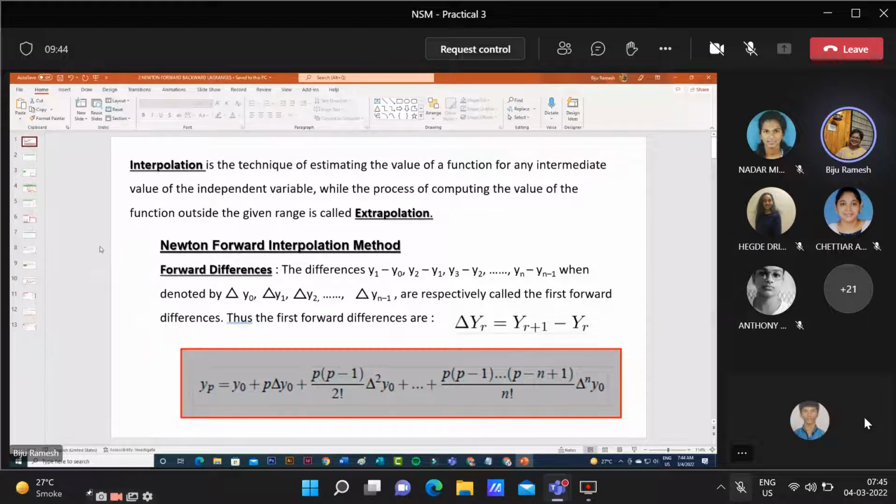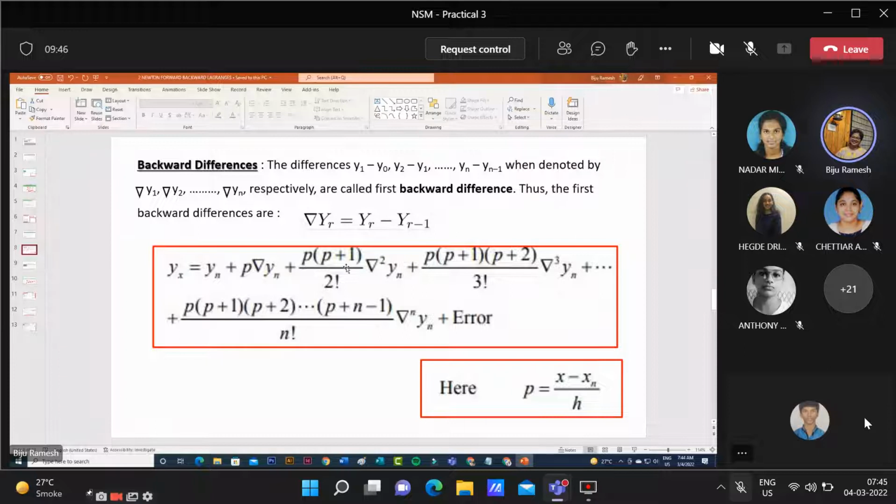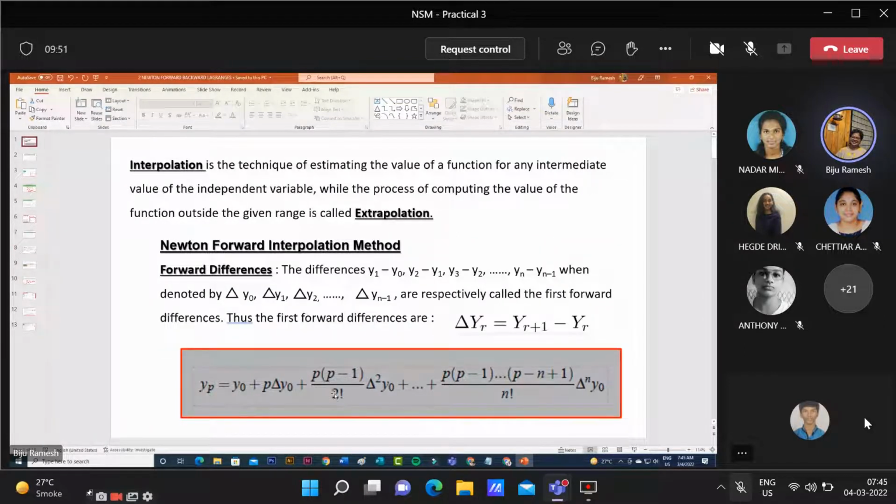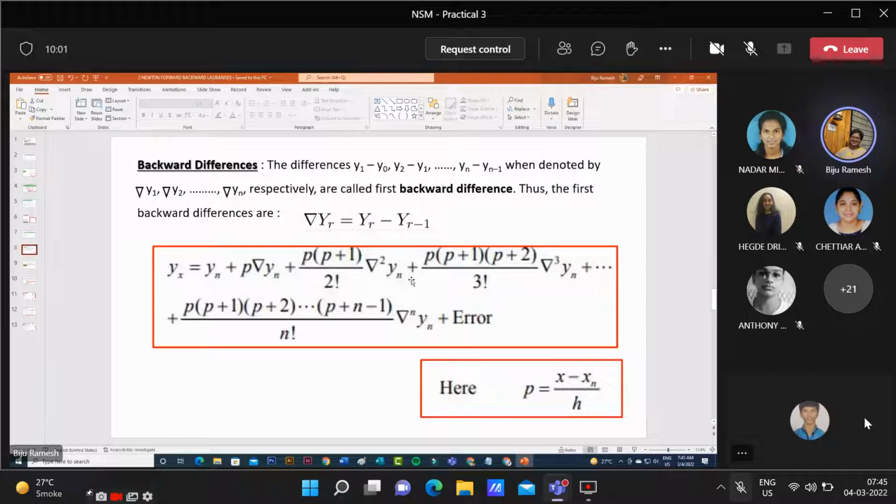That is one difference. Another difference, here you take the first value in the table. You see Y0, this is delta Y0, this is delta squared Y0, this is delta power n Y0. Whereas in the case of backward difference, we take all the last value, Yn.